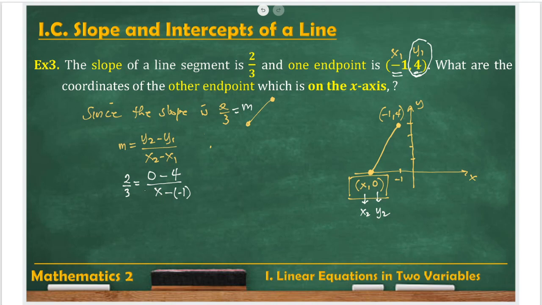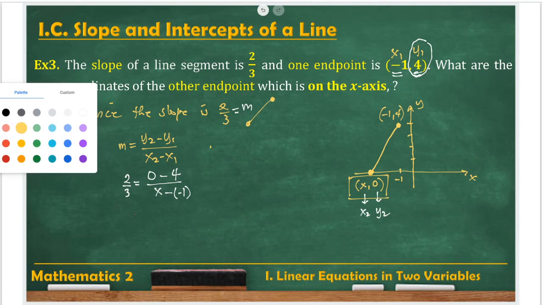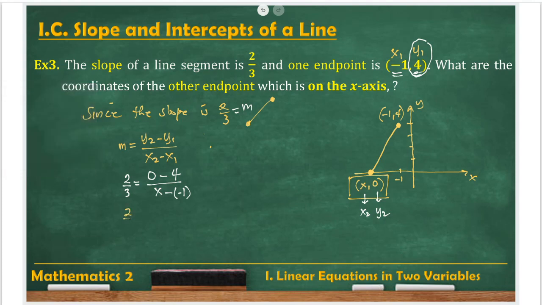So simplifying our equation, we have 2/3 is equal to 0 minus 4, which is -4, over x minus -1, which is x plus 1. So how do you solve for x here? We can cross multiply, or we can multiply both sides by the LCD.